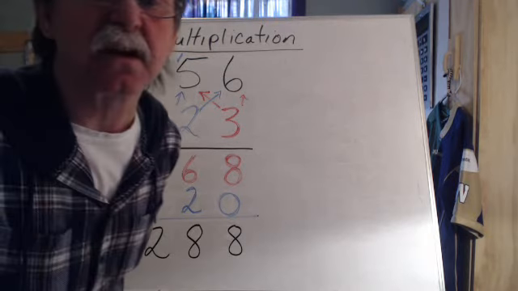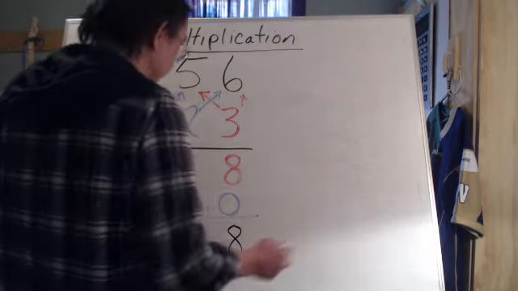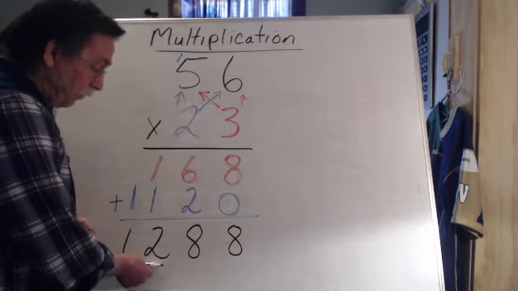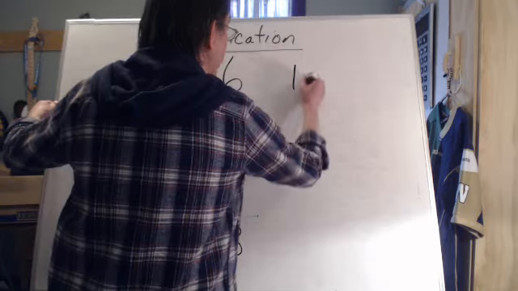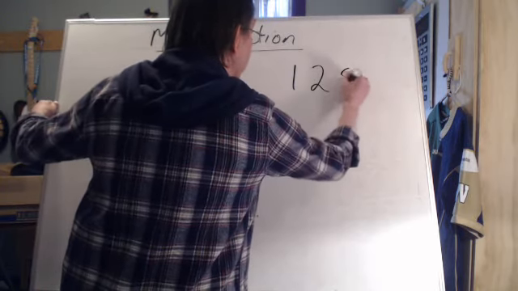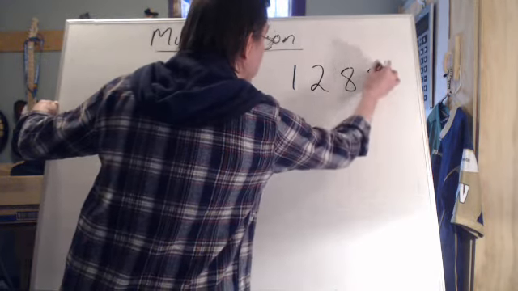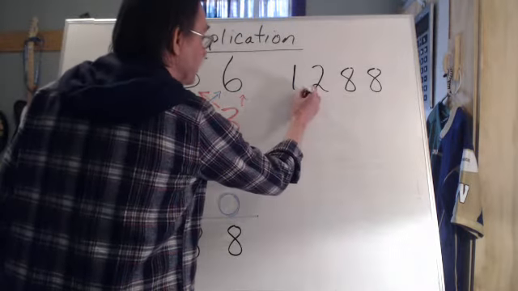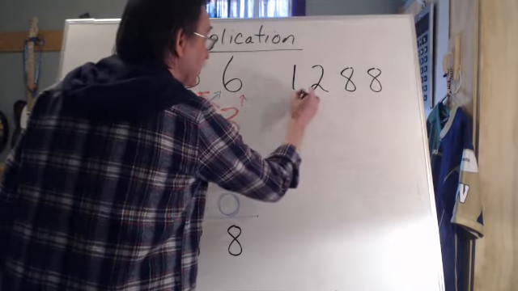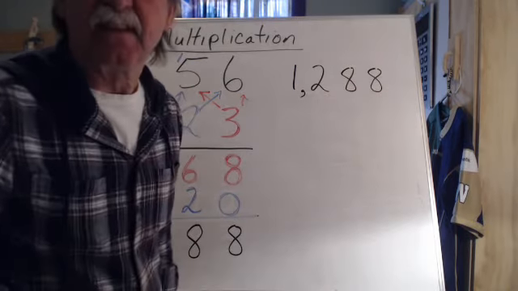1,288. And just a quick comment about that. When you have big numbers, for example, 1,288, you might see some people using a comma like that.